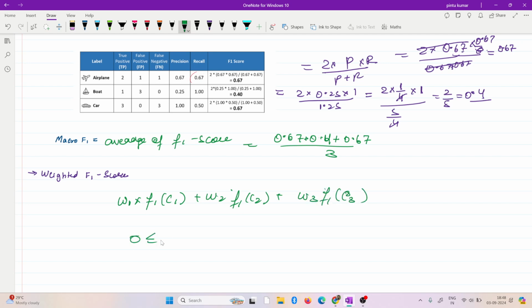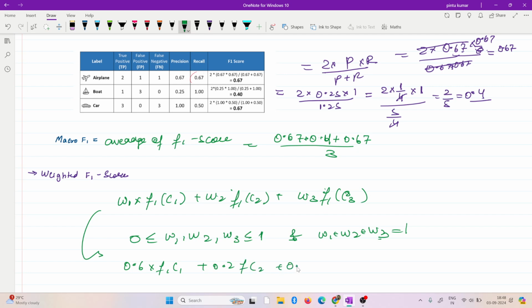And W1, W2, W3 are all values between 0 and 1, and W1 plus W2 plus W3 should be equal to 1, right? So you can take a weighted average, like, let's say you want to give 0.6 weightage to F1C1, 0.2 weightage to F1C2, and again 0.2 weightage to F1C3, right? So this is an example of weighted average score.